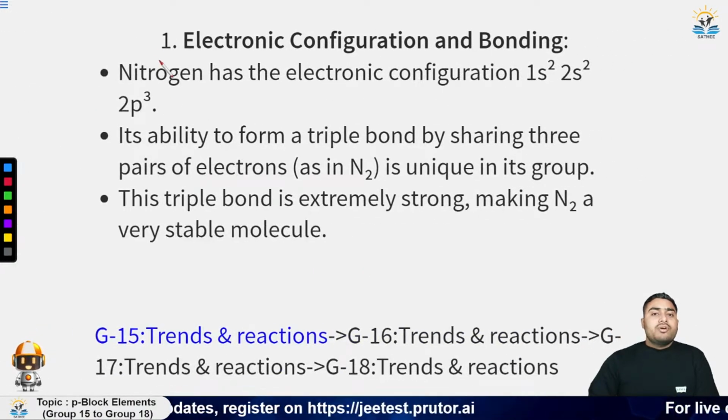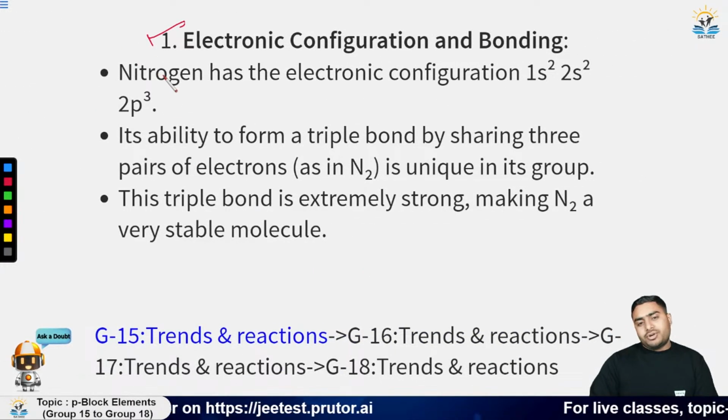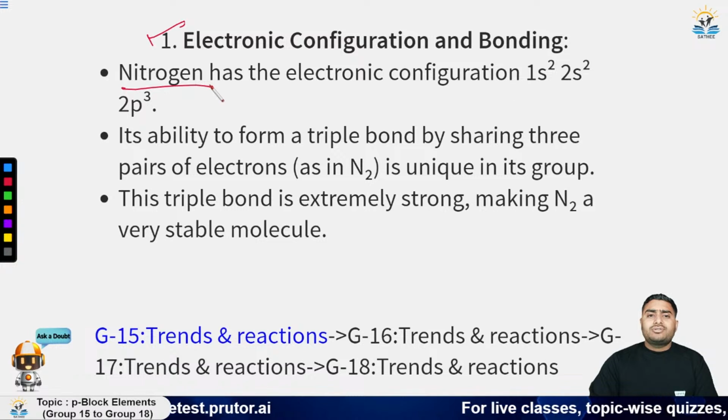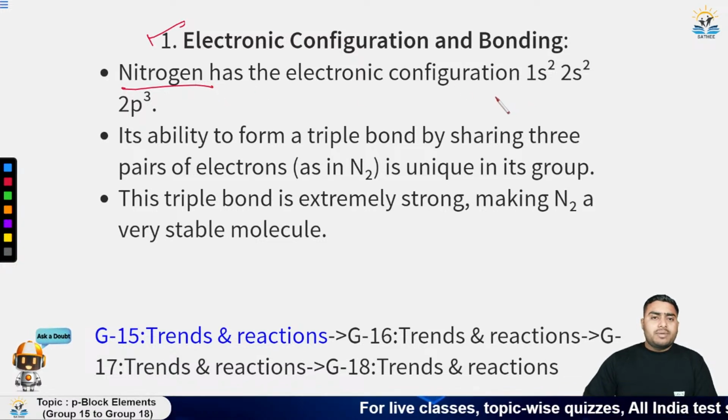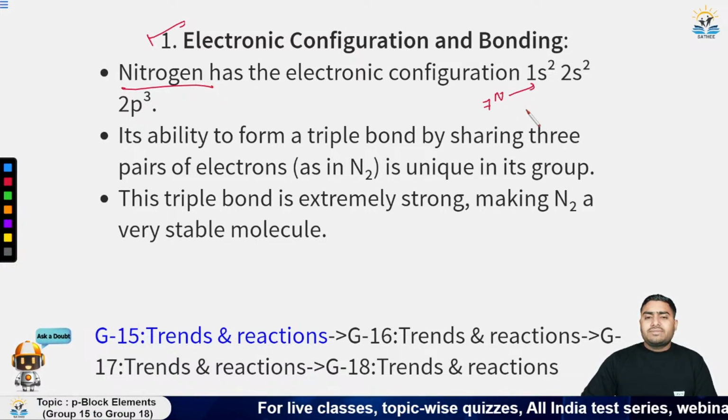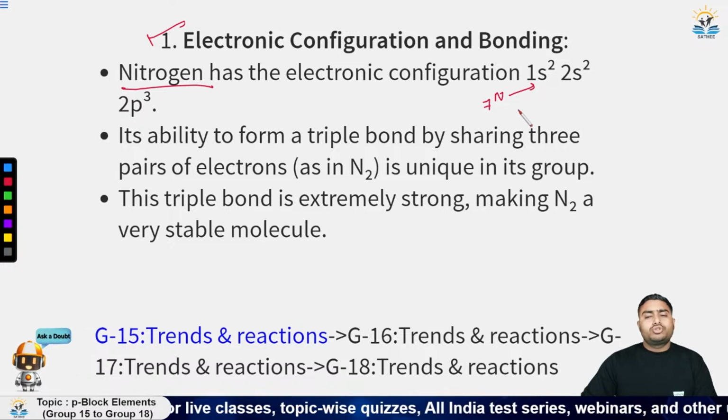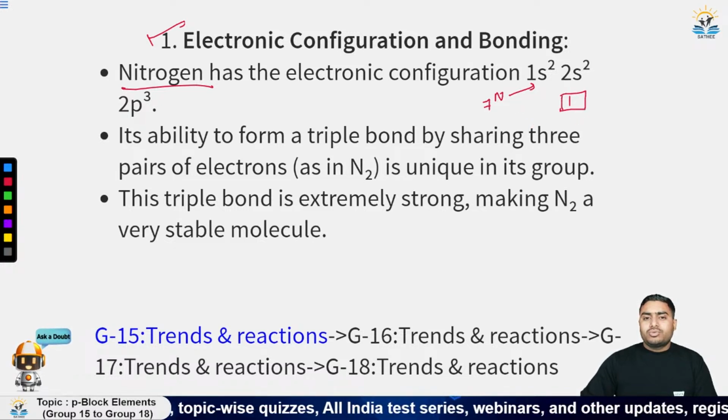First point is electronic configuration and bonding. You know very well, nitrogen has atomic number 7, so the electronic configuration is 1s2, 2s2, 2p3. That means in the last shell, 2s has 2 electrons and 2p has 3 electrons.